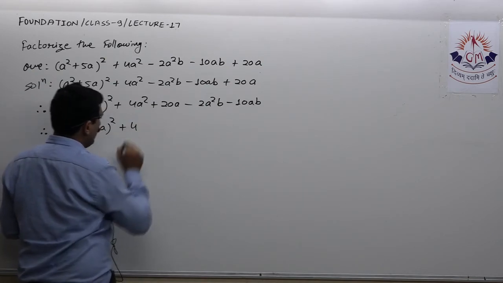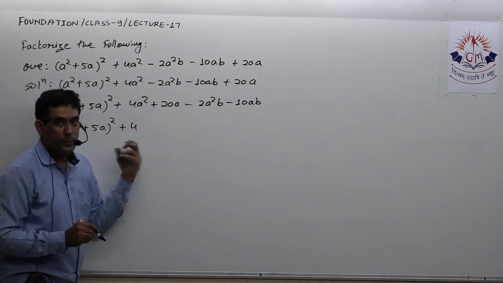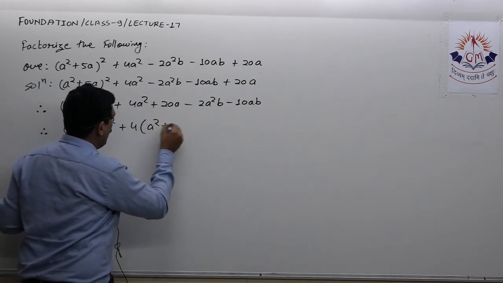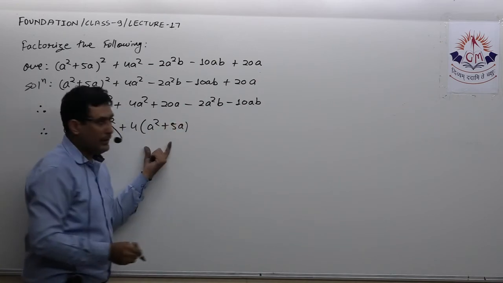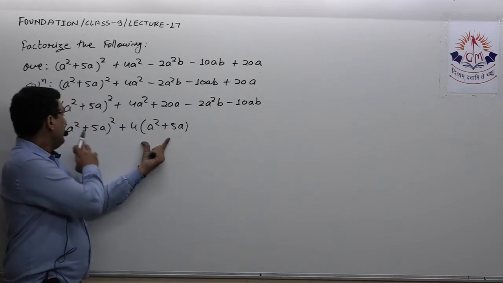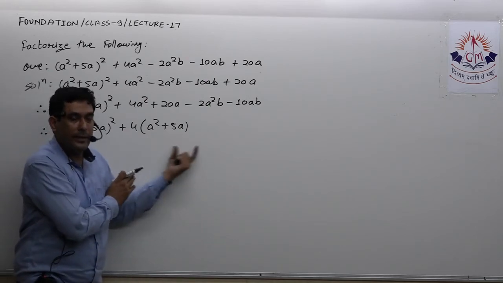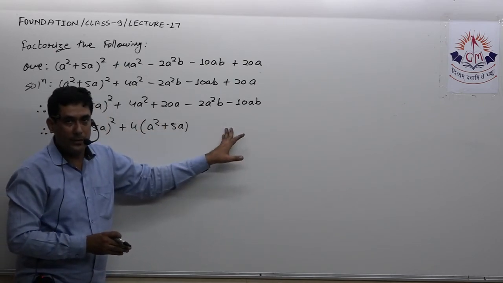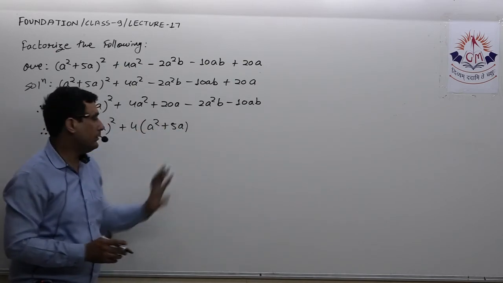Definitely I can take 4a common, but if I take only 4 common, here I will get a square plus 5a, and that was my target. My target was to get this quantity in this bracket, as well as to get the same quantity in the next bracket by taking common from the next two.